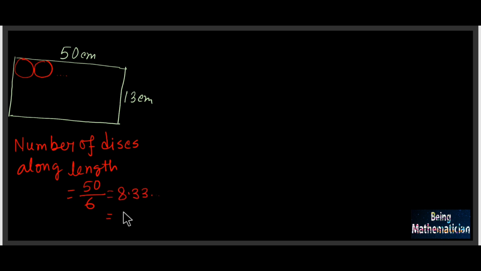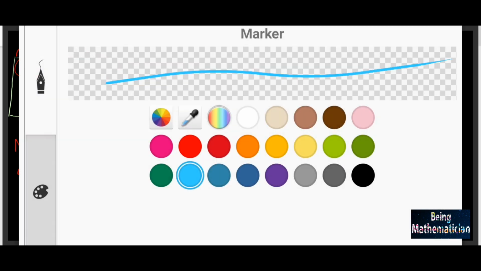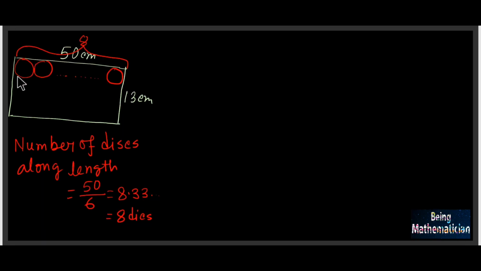So clearly 8 discs. Now we can calculate number of discs along breadth.